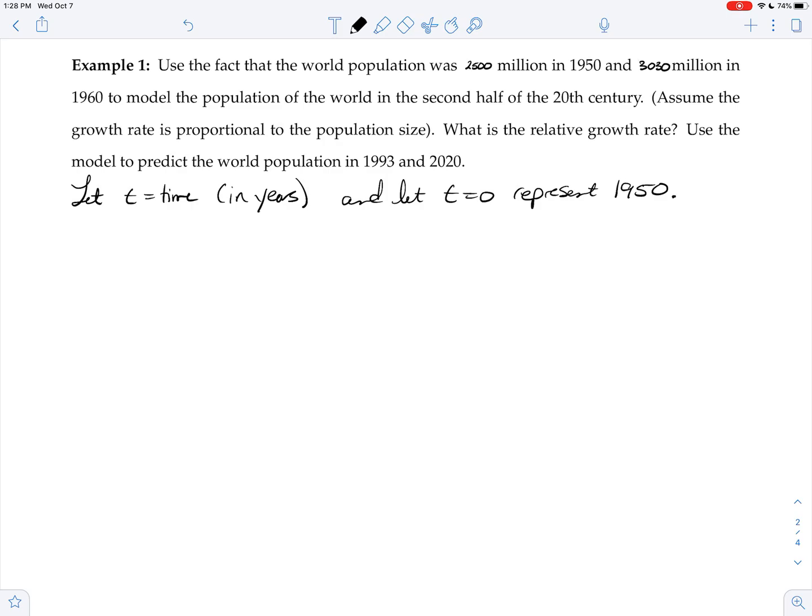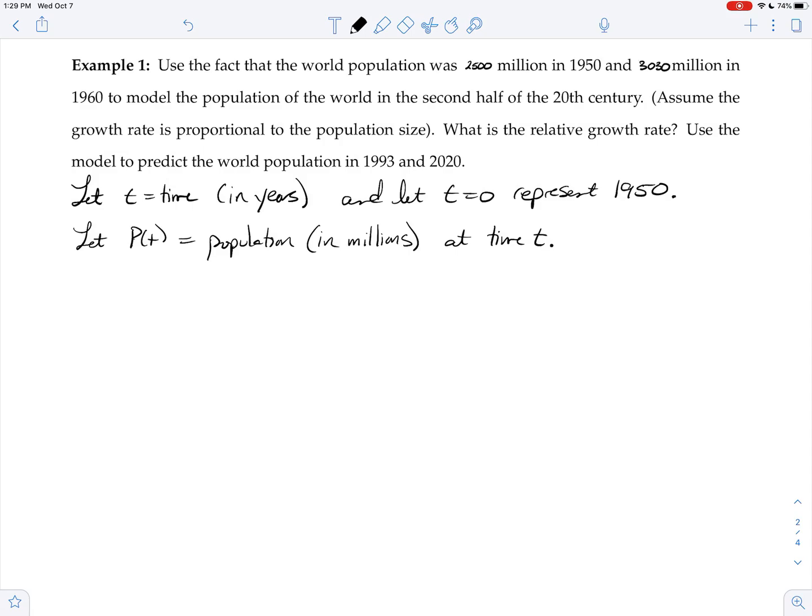We're also going to let p of t equal the population, working in millions, at time t. It's really good to label everything and be very clear for yourself and others exactly what's what.